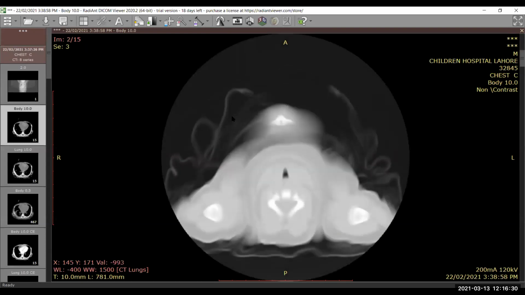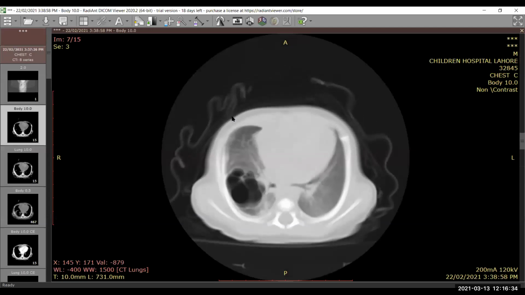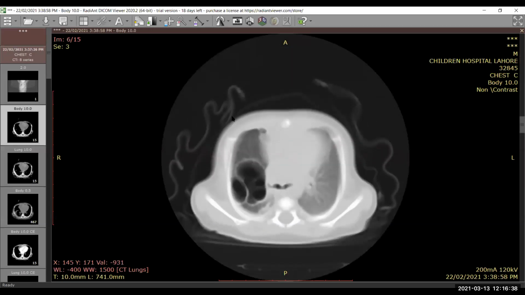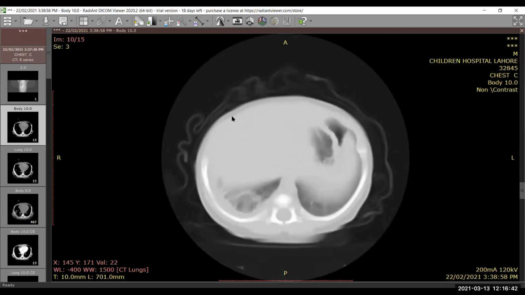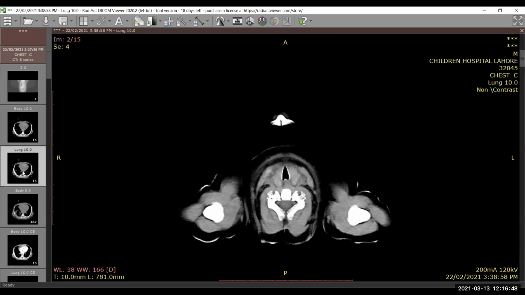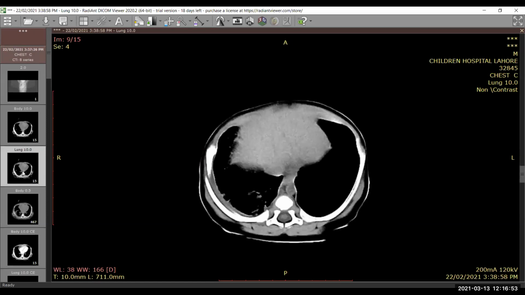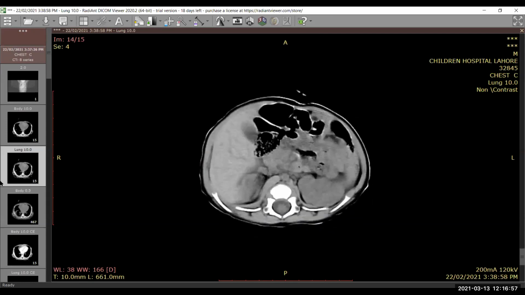Yes, ma'am. So these are axial CT chest in lung windows. I can again see cystic lucencies occupying a major part of the right lung. I can then see preserved lung parenchyma at the caudal part of the right lung, and the diaphragm appears to be maintained.